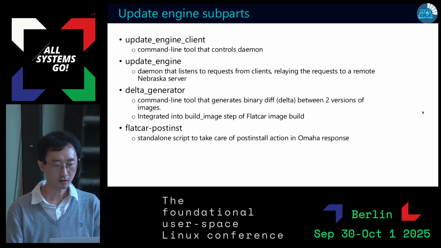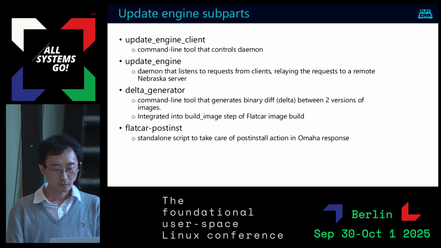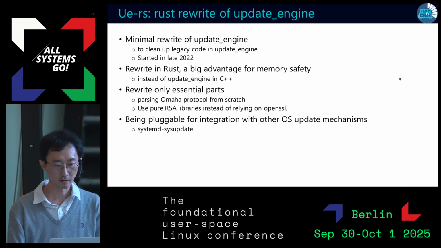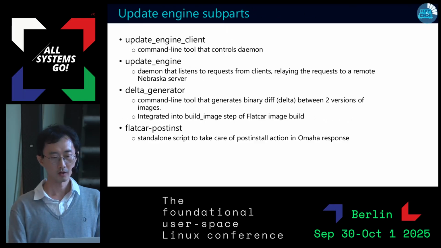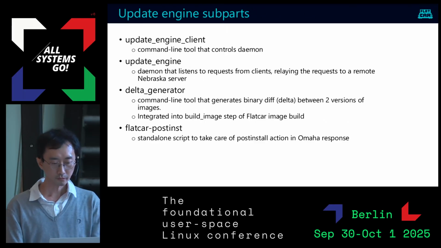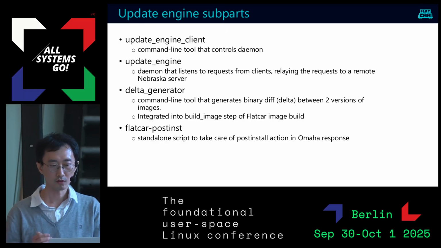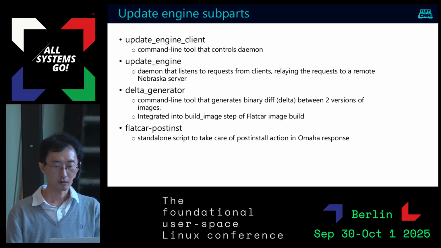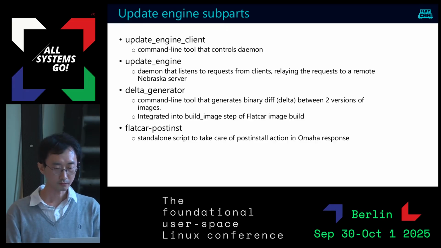That's the current status, and I'm going to briefly go over the update engine subparts. The first two are actually familiar to users. Those are user-facing ones. The first one is a client tool that controls the daemon, and the user types update engine client and so on.